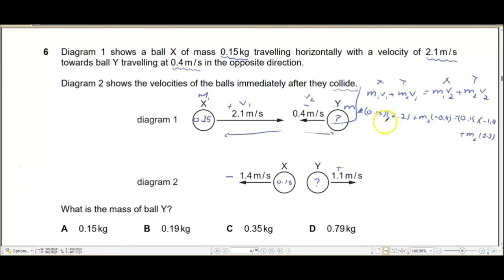So 0.15 into 2.1 is 0.315, and m2 with negative 0.4 is going to stay here, and 0.15 into negative 1.4, let's do it over here so that we have enough space and you can understand that better.